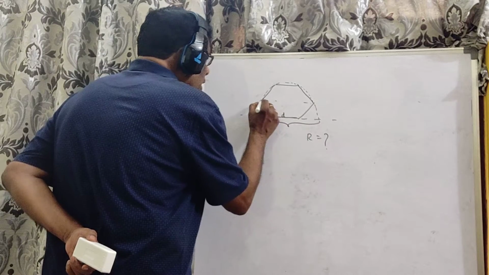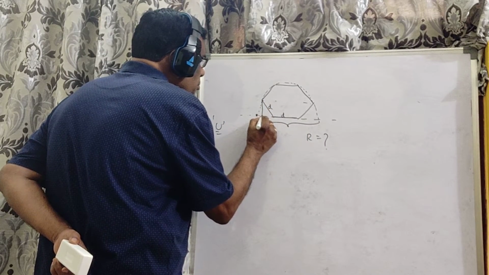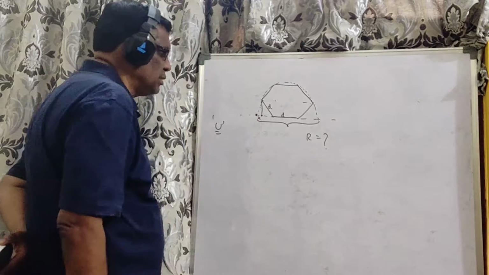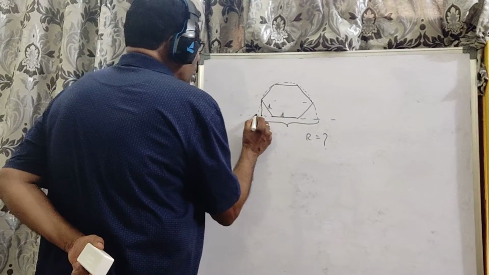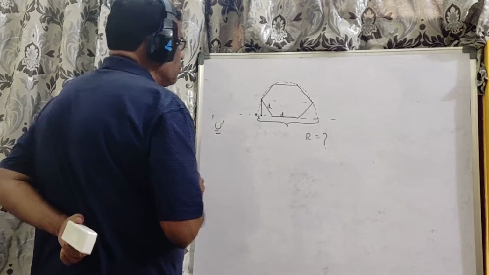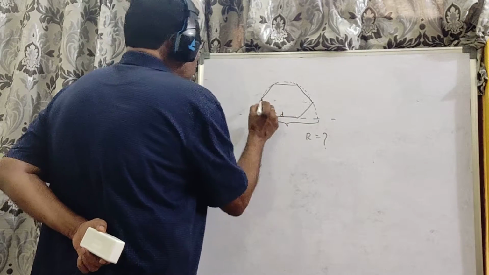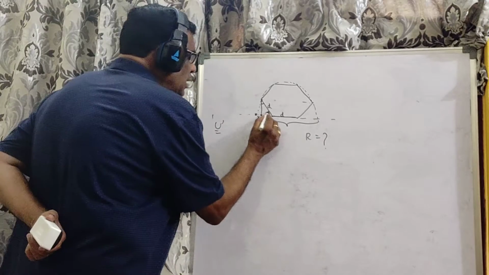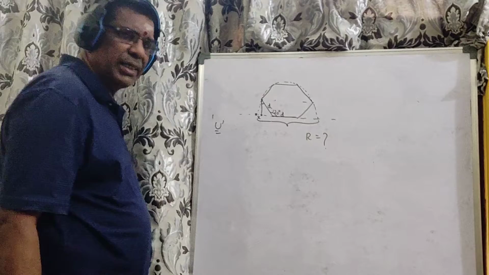Now, these two are symmetrical. Let this distance be x, and this is D. What is this angle? This angle is 120 degrees.